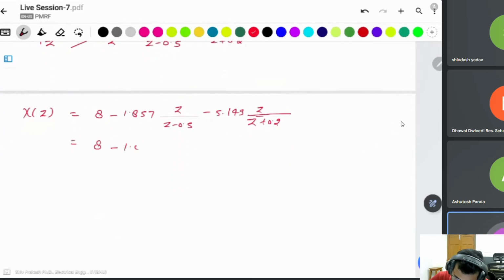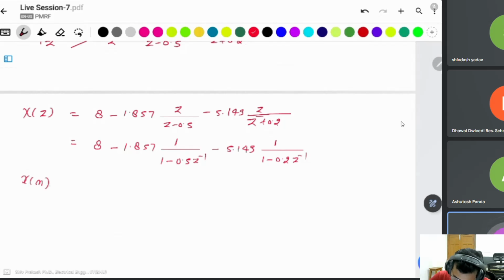Written in z inverse form, this is 8 minus 1.857 times 1 divided by (1 minus 0.5 z inverse) minus 5.143 times 1 divided by (1 plus 0.2 z inverse).